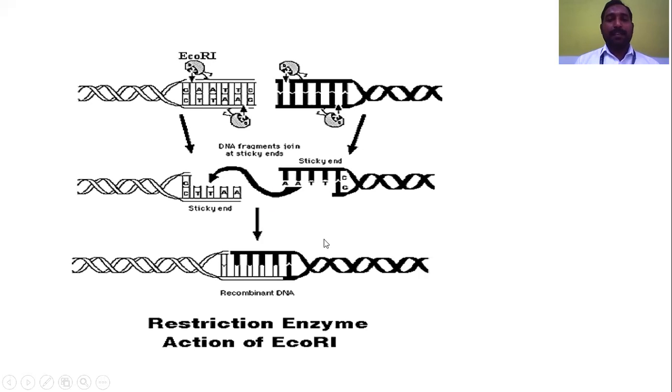And here you can add the DNA ligase enzyme, which will try to heal both strands, so that both sources of DNA with sticky ends can be ligated. Once ligated, it will give you the recombinant DNA molecule through EcoRI, which has a significant role here, and the DNA ligase enzyme also has an important role here.